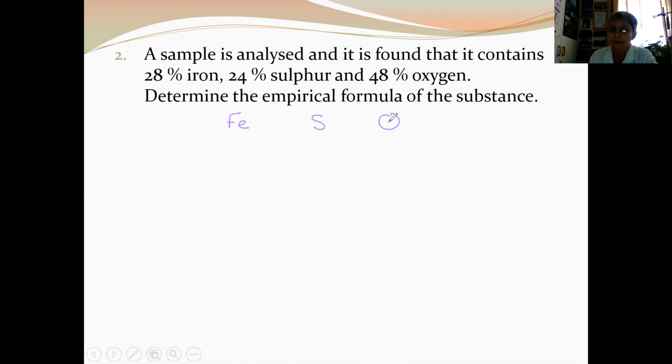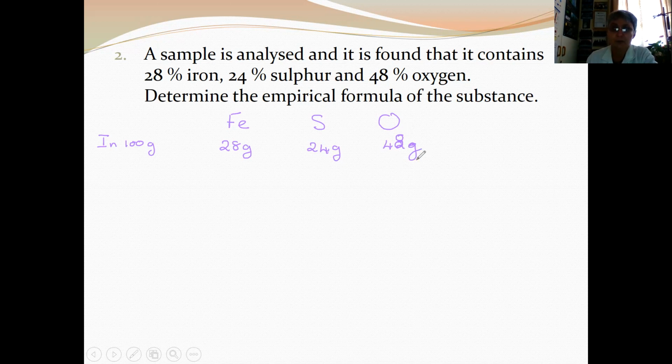And because these percentages add up to 100, I can say in 100 grams, there'll be 28 grams of iron, 24 grams of sulfur, and 48 grams of oxygen.